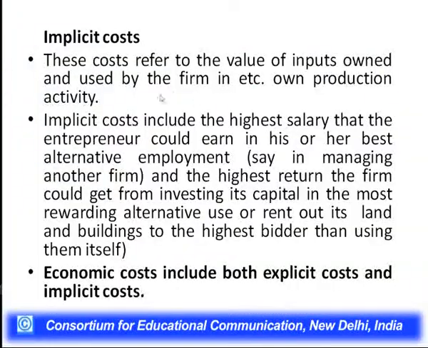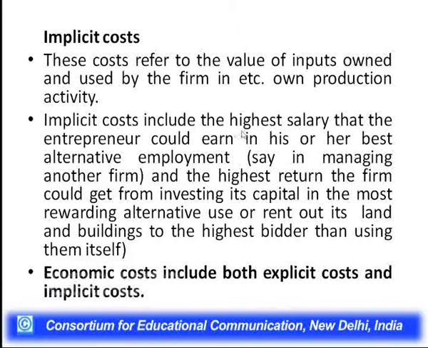And implicit costs refer to the value of inputs owned and used by the firm in its own production activity. So, implicit cost is the cost of factors of production owned by the entrepreneur himself.